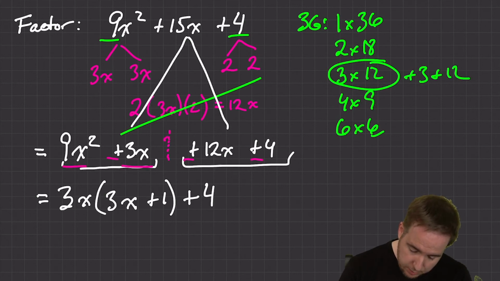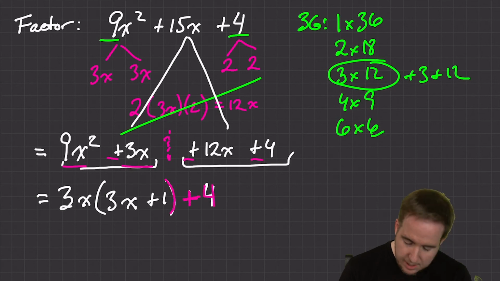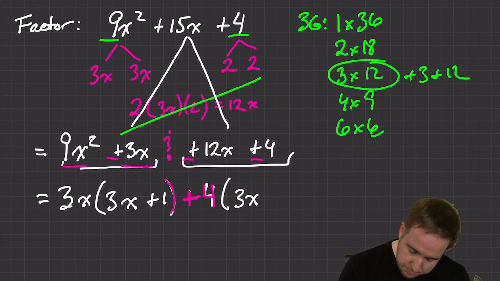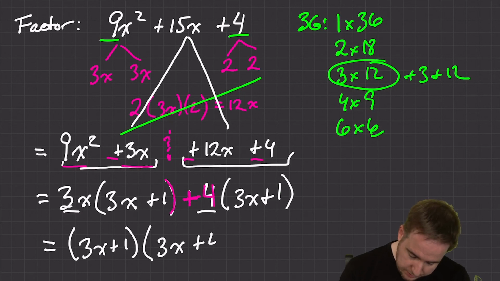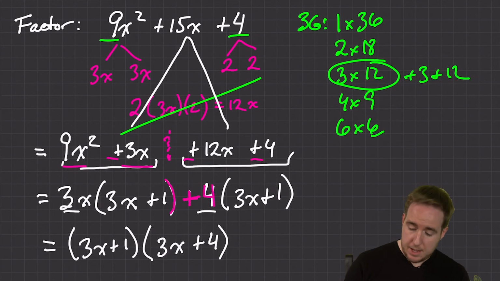So even though I have this here, in between this bracket and this number there always has to be either a plus or a minus. You can't have the 4 coming right up against the bracket like that. Anyway, I take 4 out, 3x plus 1. Oh, so this one does work. Okay, I pull out 3x plus 1, and I'm left with 3x plus 4. Not bad.